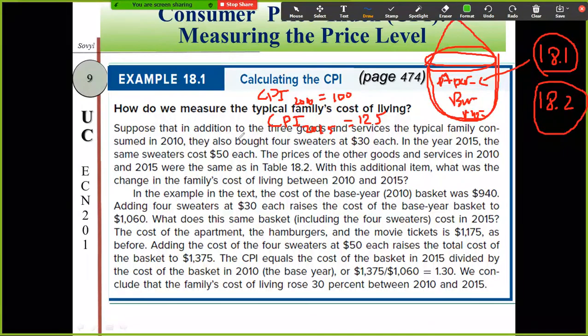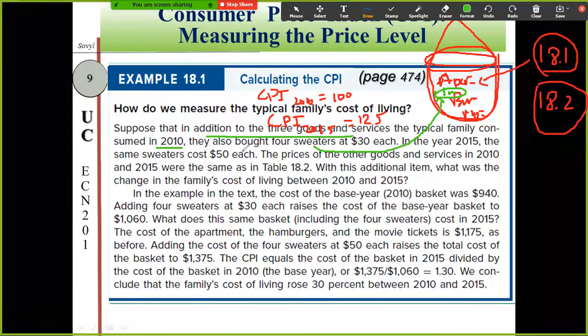Suppose that in addition to the three goods a typical consumer consumed in 2010, they also bought four sweaters. This is a problem already, but for now we just ignore this problem. We will discuss it later on. So the family buys a new product in the basket.